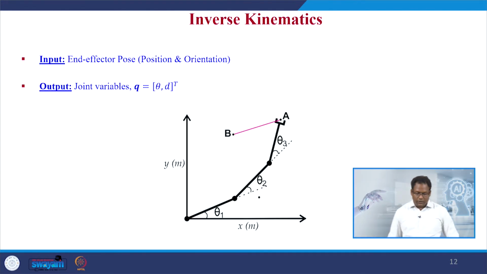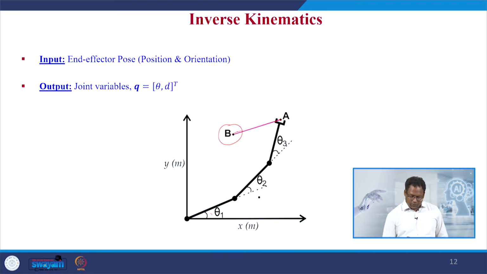Now coming to the inverse kinematics, here the input is the end effector pose, which means the position and orientation of the end effector, and we need to find the joint variables q, theta and d as the output. That means given a position b in the Cartesian space, we need to move the end effector from position a to b.